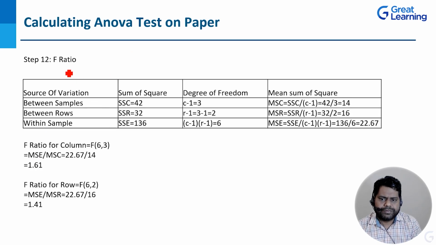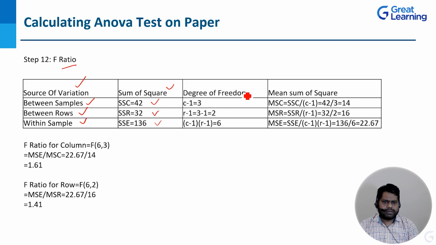Now as a next step, we will calculate the F ratio. Before calculating the F ratio, let's tabulate all the values. Source of variation: between the sample, between the row, within the sample. Next, the sum of squares, that is SSC, SSR, and SSE.